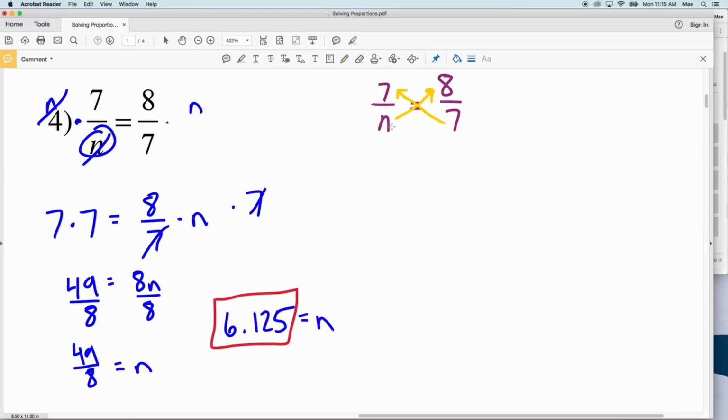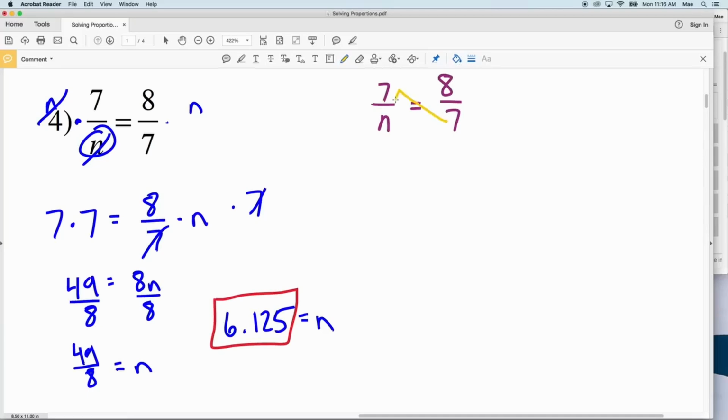So we're going to take the denominator of one fraction and multiply it to the numerator of the other fraction on the other side of the equation, and then we're going to take the denominator of that and multiply it to the other numerator on the other side of the equation. So we're essentially multiplying both sides by n and both sides by 7 in the same step.